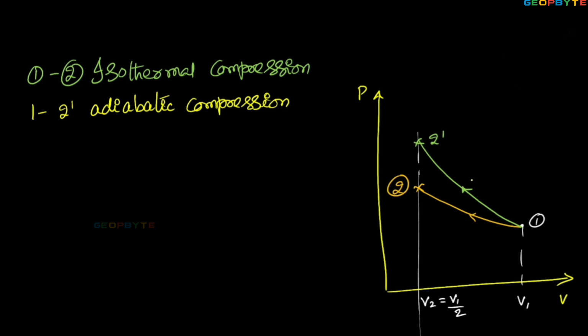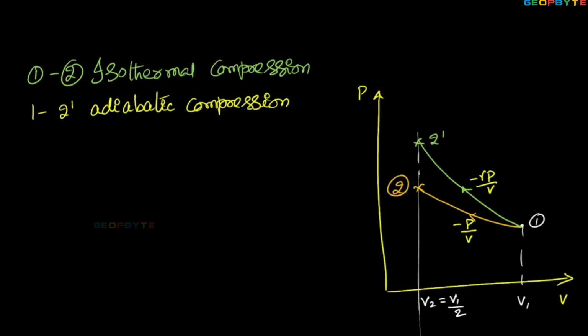The slope of the adiabatic curve is minus gamma P by V. The slope of the isothermal curve is minus P by V. For both cases, the negative sign indicates that as the pressure increases, volume decreases during the compression process.